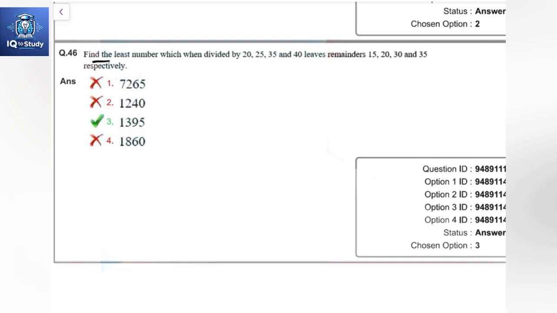Find the least number which when divided by 20, 25, 35 and 40 leaves remainders 15, 20, 30, 35 respectively.